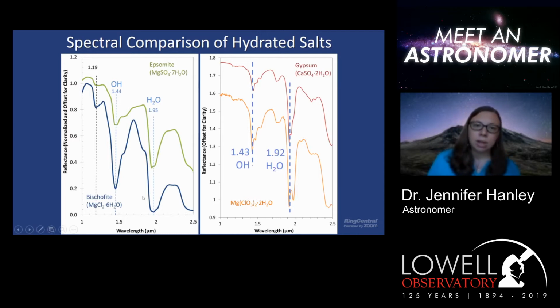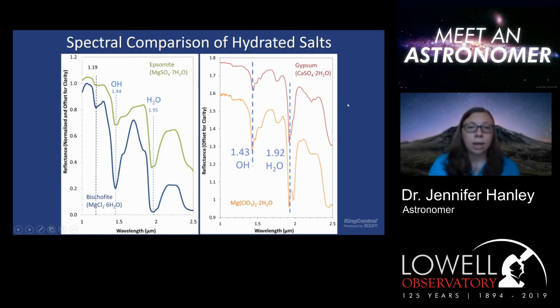You can see here that all the salts that I'm showing, if they're hydrated, so if they have water on them, you see water features. We have this 1.4 OH band here, and the H2O region here, at 1.9. These are two pretty important ones for looking for hydrated minerals across the solar system.